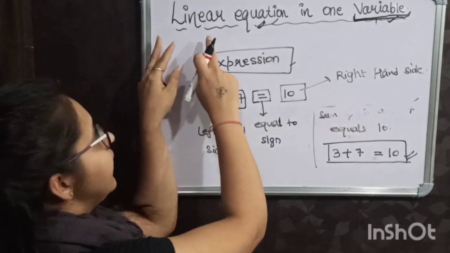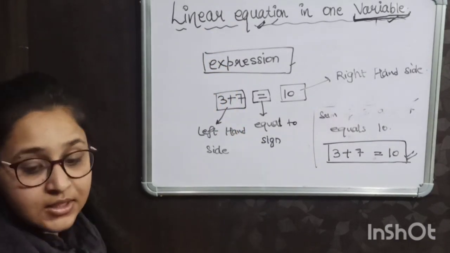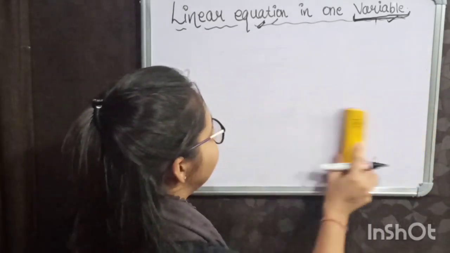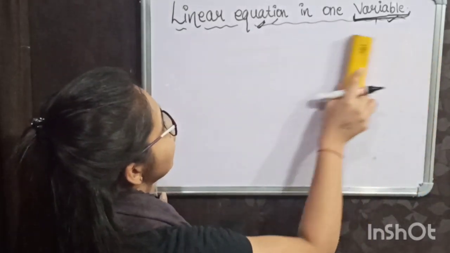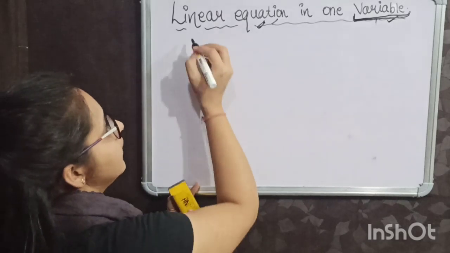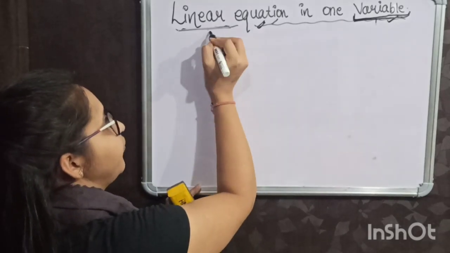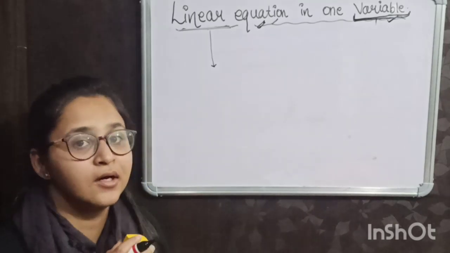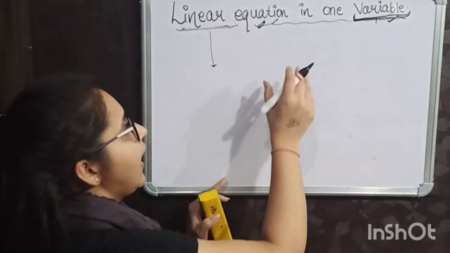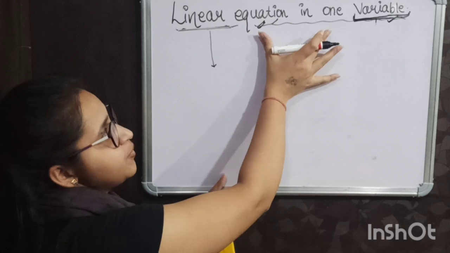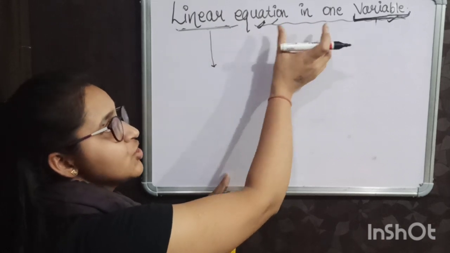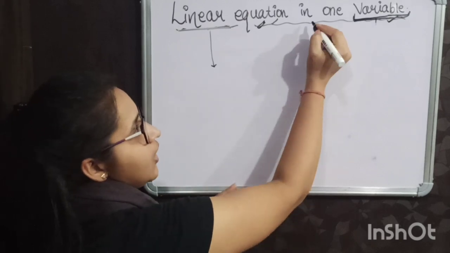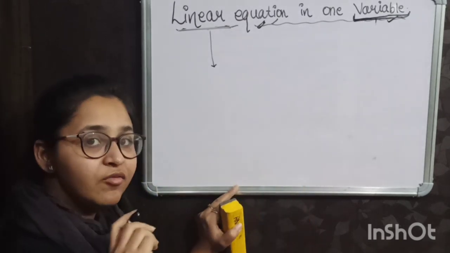Now we are left with one term, that is linear. We have done equation, variable, expression, constant, and now we will understand what linear is. Linear means 1. Linear equation in one variable means you have an equation that contains one variable.